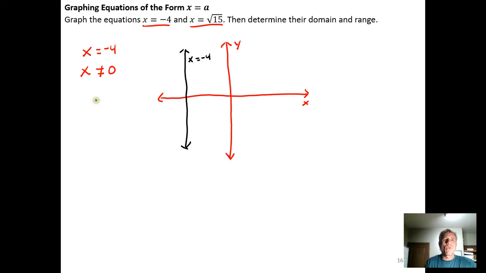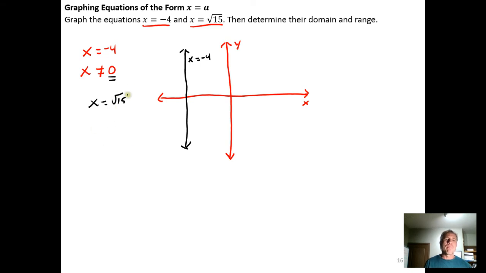So we also have an equation x equal to the square root of 15. And this says x is always the square root of 15. So the first thing we know is that it will never be 0, which again will mean that we can't have a line that crosses the x-axis, or sorry, the y-axis. And if we can't cross the y-axis, then we will need to be parallel to the y-axis.